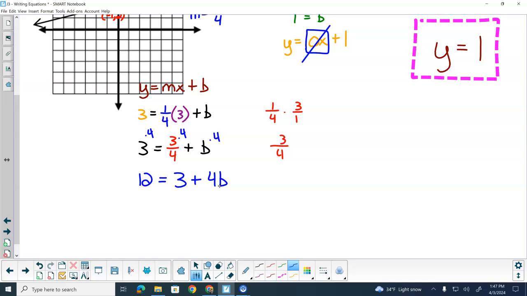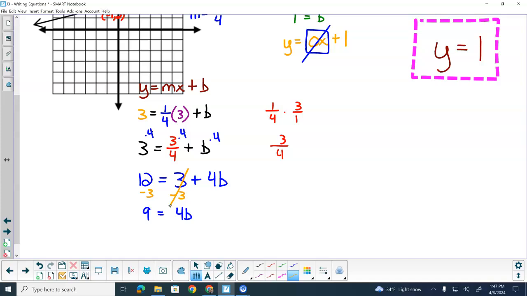Well, you want to solve for B. What am I going to do first? I got to subtract 3 first. Yes, ma'am. 12 minus 3 is 9. Well, how am I going to solve for B?